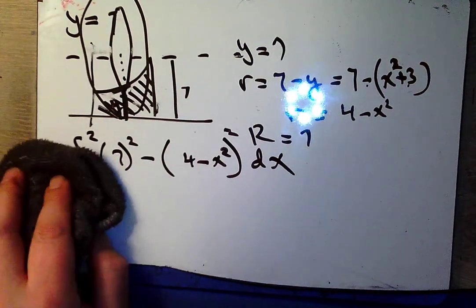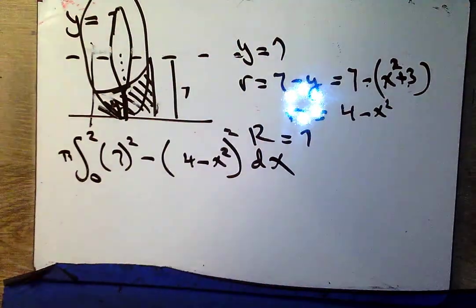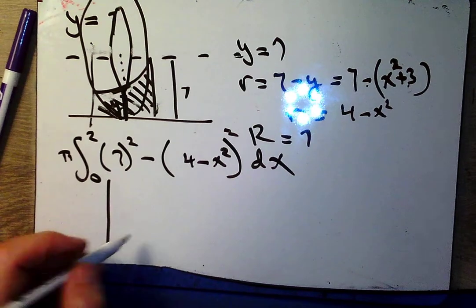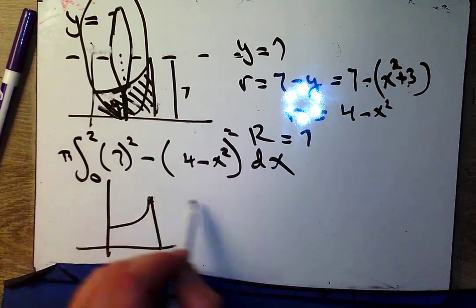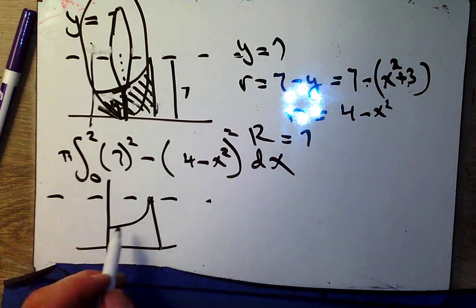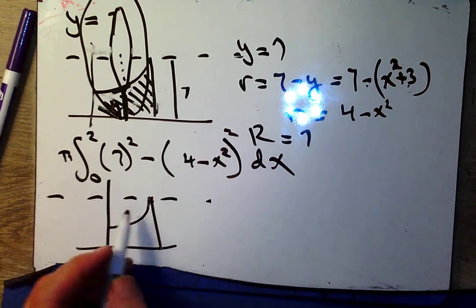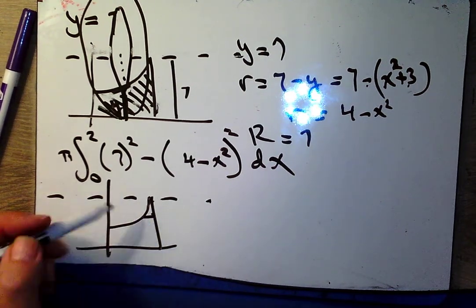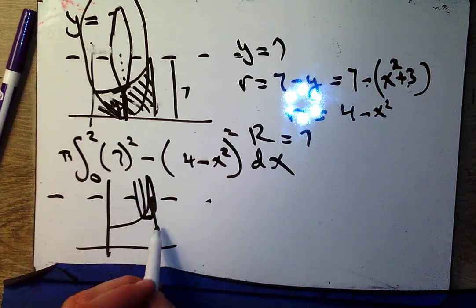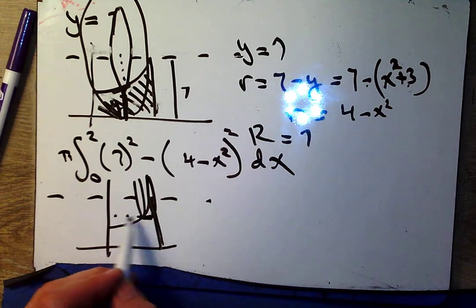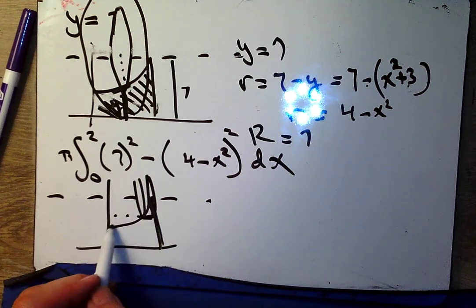How about with shells? Well, if I do this with shells, this is my region. This is what I'm rotating about. Oh yeah, shells is going to suck, because if I draw here, I get these where the height is 7 minus this x value.